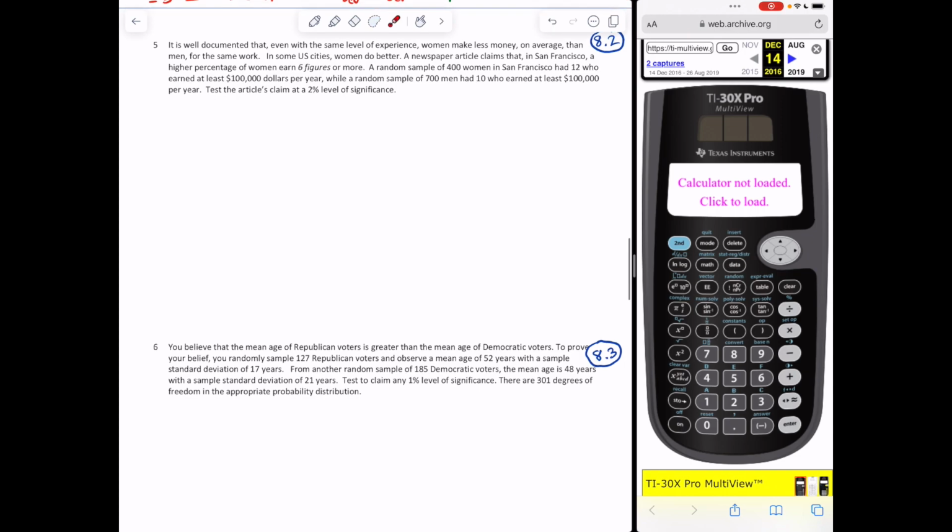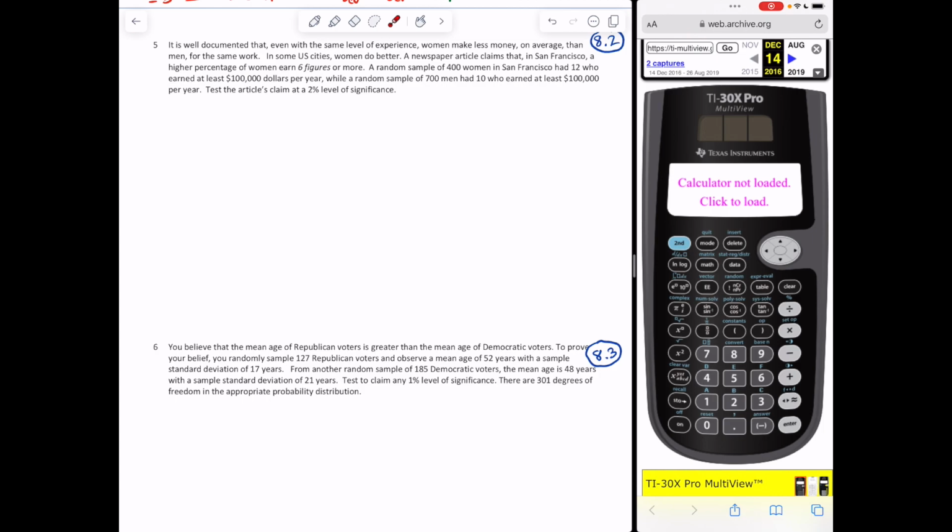I think we'll just go ahead and read this. It says, it's well documented that even with the same level of experience, women make less money on average than men for the same work. In some U.S. cities, women do better. A newspaper article claims that in San Francisco, a higher percentage of women earns 6 figures or more.